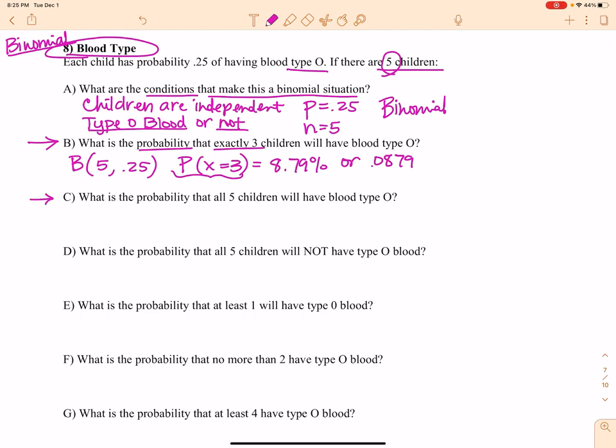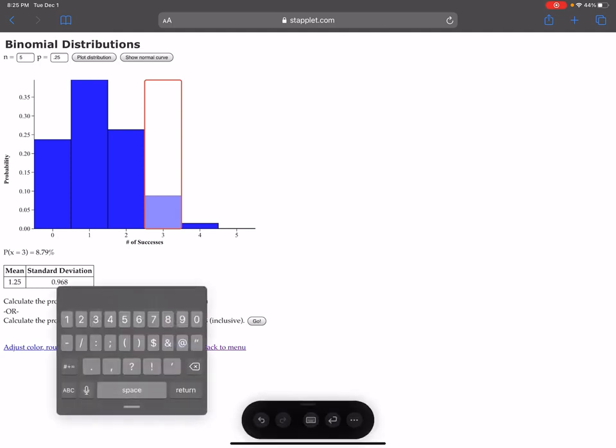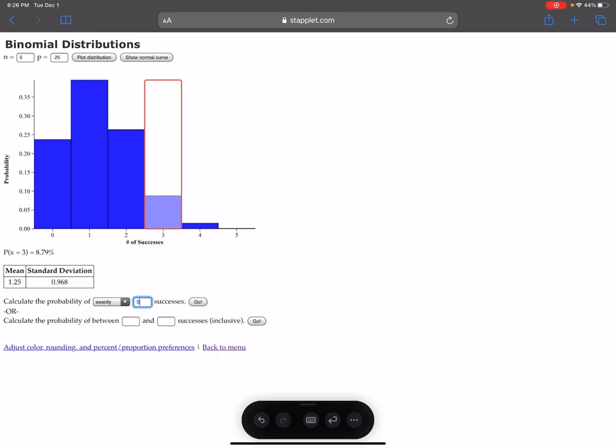Okay, part C. What is the probability all 5 children will have type O blood? So again, I'm going to set up my binomial notation. This is good communication. X equals 5, and then I'm going to go to Stapplet again, and I am going to change my value here to 5.